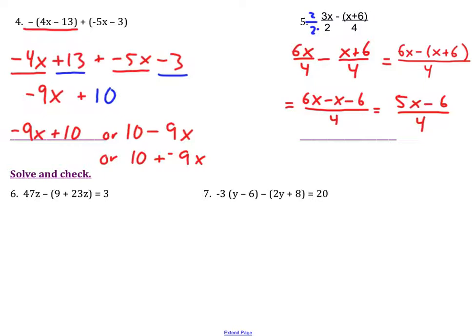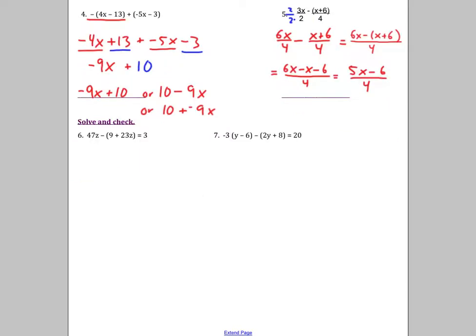Number 6. Here, we're going to have to get rid of those parentheses. Again, we're subtracting a sum. Like in that example we saw, that's like we remove 9 and 23z, so I can look at that as two separate actions. So I have my 47z minus 9 minus 23z equals 3.